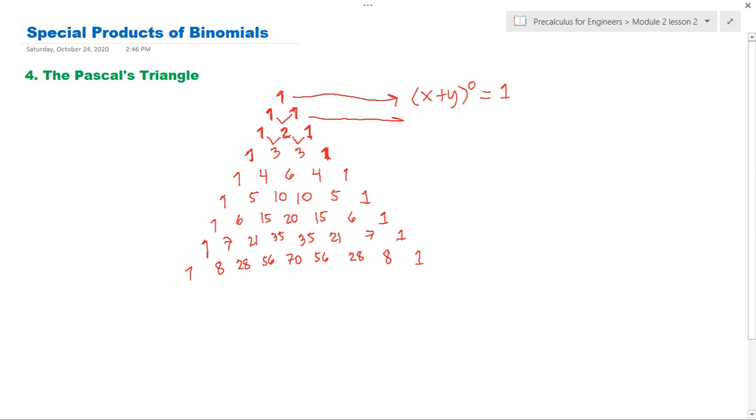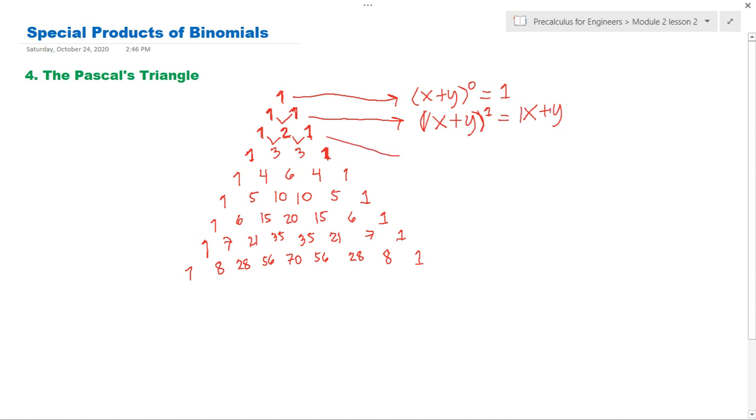This is just equal to x plus y raised to 1. So any number raised to 1, the answer is just the number. So you only have x plus y. And try to look at the coefficients. So we only have 1 and 1. So that's why it is 1 and 1.